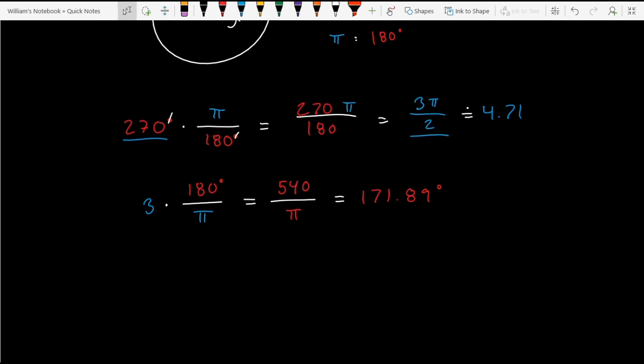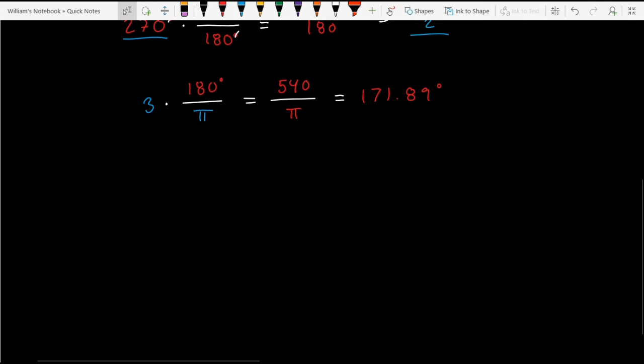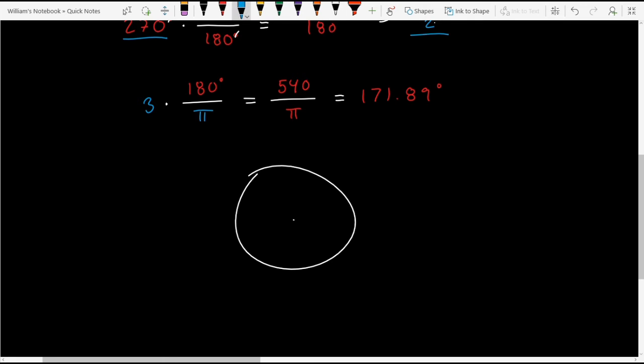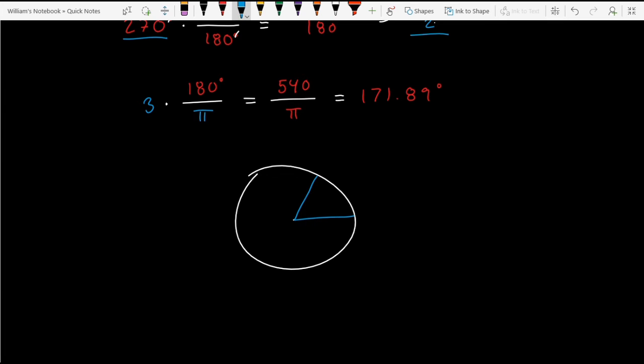There's one more piece of information, which is a second way to derive radians. As you can probably guess, this involves the unit circle. So we're going to draw ourselves a circle, just like that. We're going to start from the center, and this time we're going to draw an angle from the center.